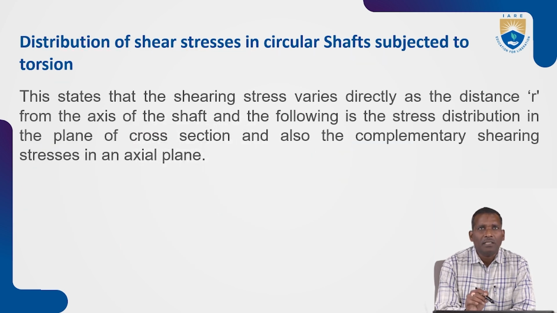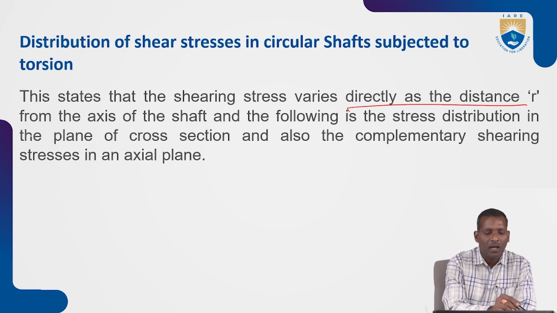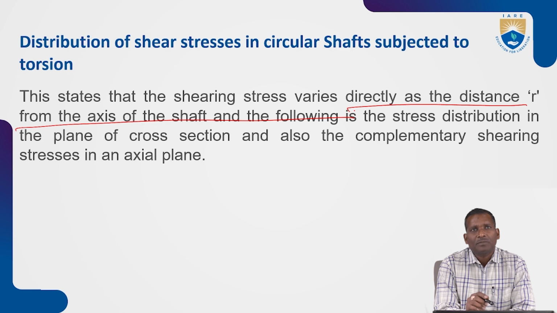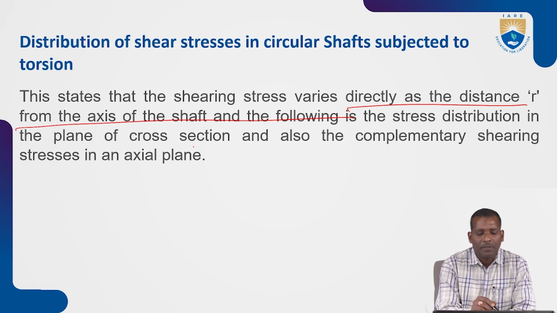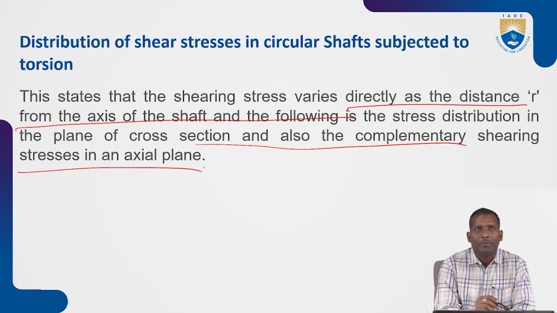This states that the shearing stress varies directly as the distance r from the axis of the shaft. The following is the stress distribution in the plane of cross section, and also the complementary shearing stresses in an axial plane.